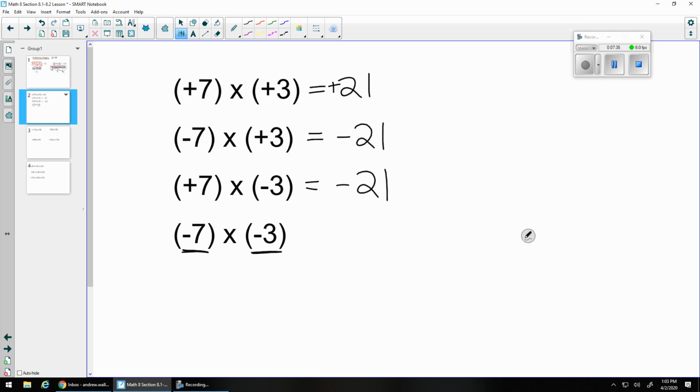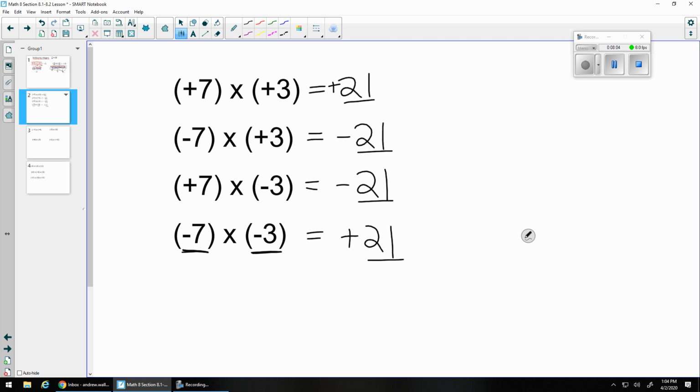So now here, when we take away those 7 groups of -3, we're left with +21. Okay, so when we look at this, we can see that in every case, the absolute value here is 21. Ignoring positives, negatives, 7 times 3 is always going to be 21. But the different integers will decide whether that 21 is positive or negative.